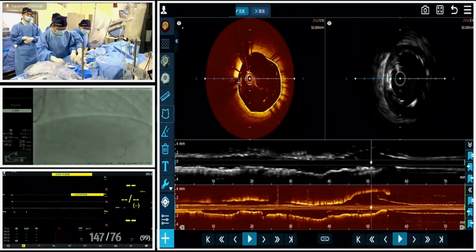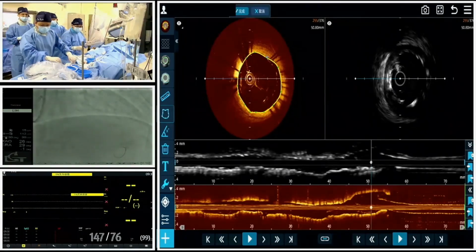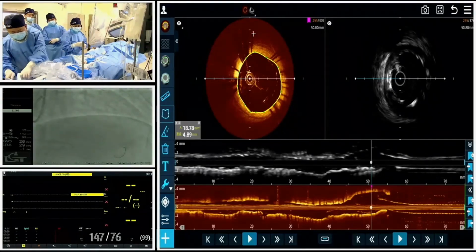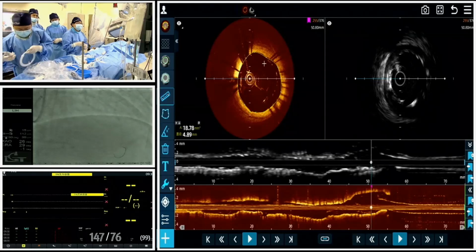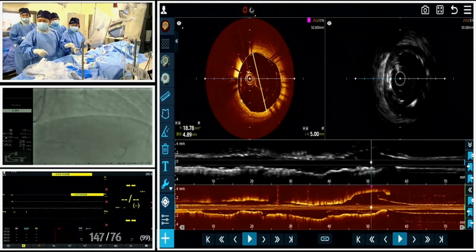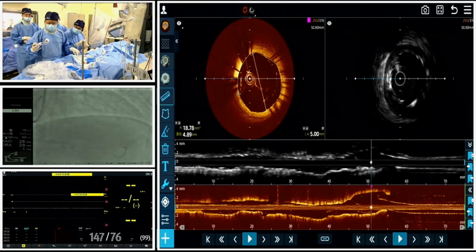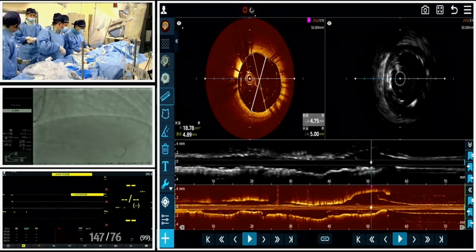No, compared with OCT, no. Because of the high resolution, the OCT could clearly tell us about the malposition, because the stent struts cannot be clearly displayed by the IVUS, but they are very clear by the OCT.